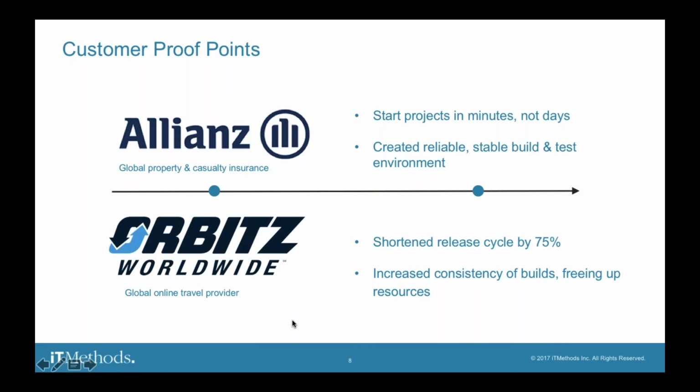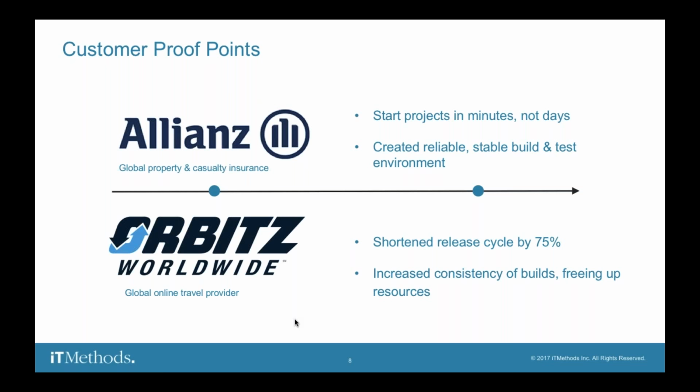During their move to Jenkins and CloudBees Jenkins Enterprise, Orbitz cut their release time in half and then in half again, achieving a 75% reduction in the time it took to release software.